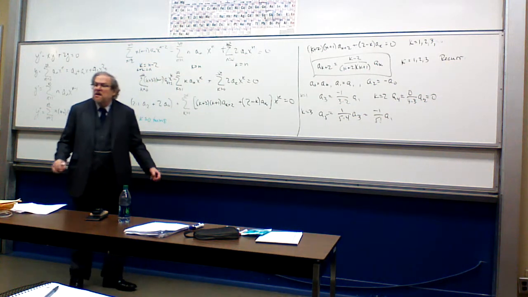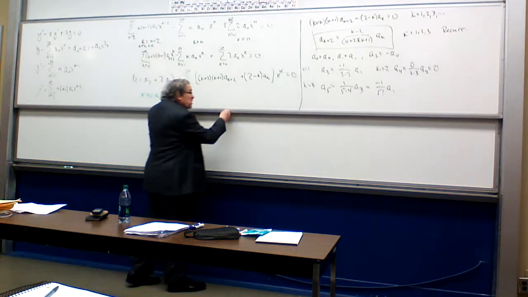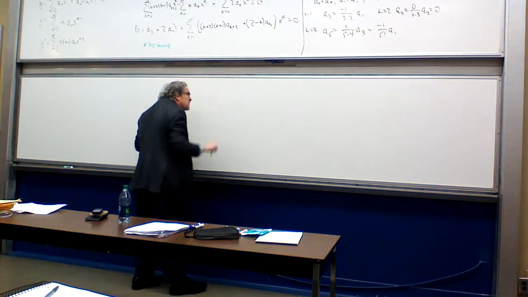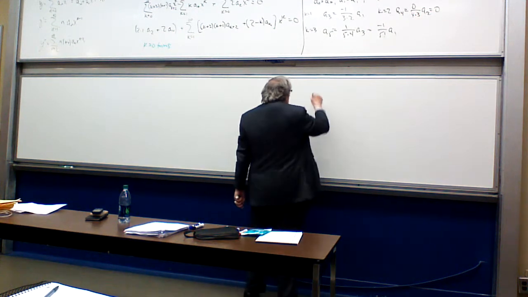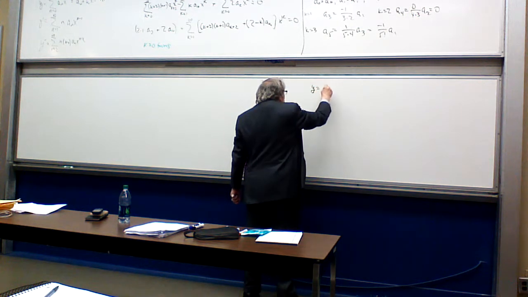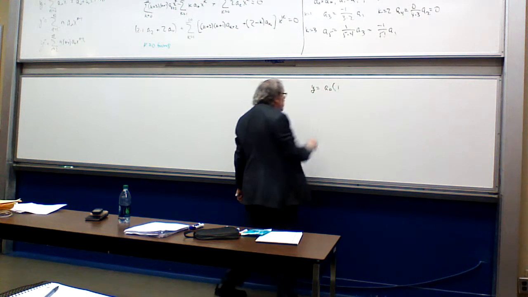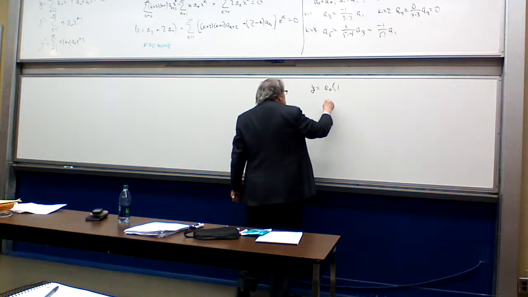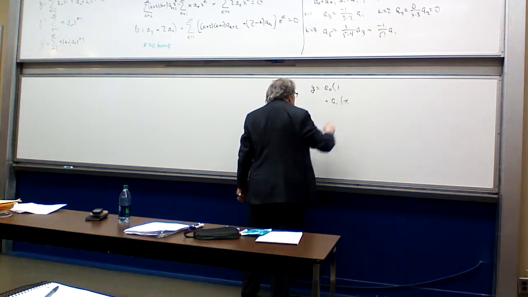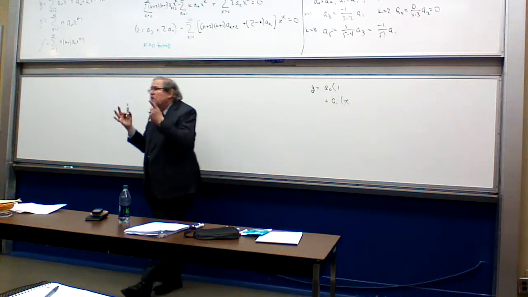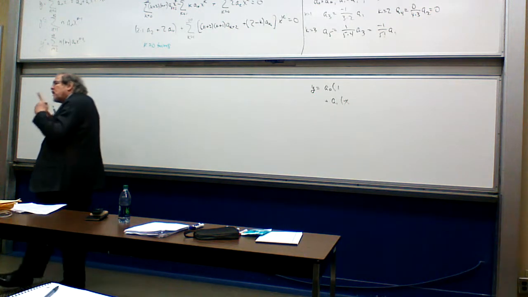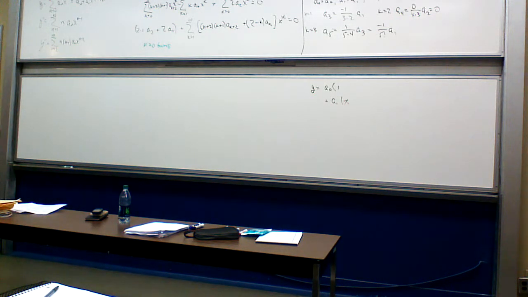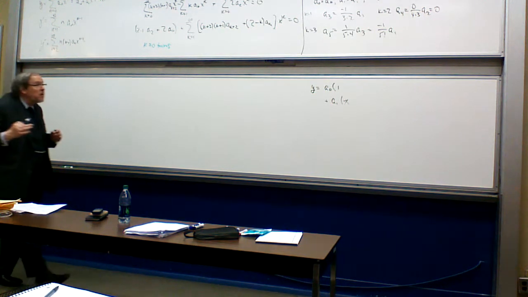How many terms do I need? I need 6. I start to wrap this up by writing down a solution. I have A0 times 1, A1 times x. All the things which involve A0 are going to give me one of the linearly independent solutions. Everything involving A1 is the other one.